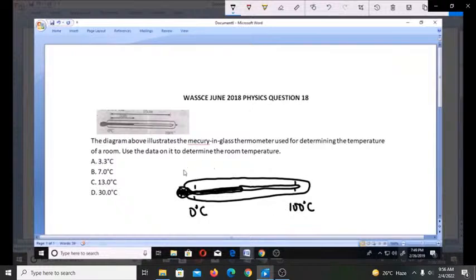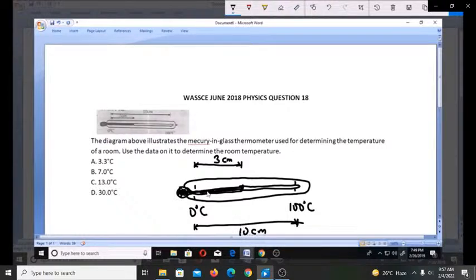Now from this 0 degrees to the point where you have the mercury level, we have 3 cm. Very, very important. 3 cm. Whereas from this point of 0 to the 100 degrees Celsius side, we have 10 cm.